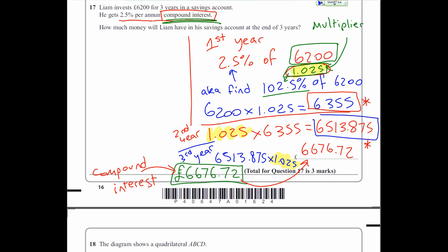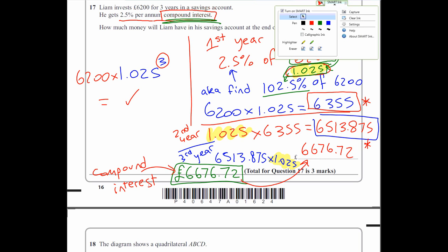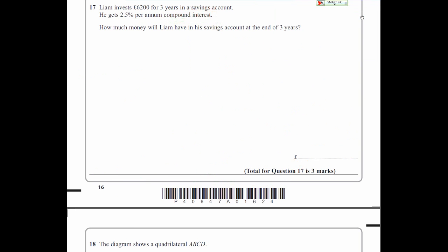I would just write 1.025. We're timesing it 3 times, so it's cubed for 3 years. And we're timesing it by our original amount, 6,200. Do that on your calculator, 6,200 times by 1.025 cubed. And guess what? You get the exact same answer. Okay? Just a little top tip for you there. I'd like to show you quick ways to do things when there are quick ways.